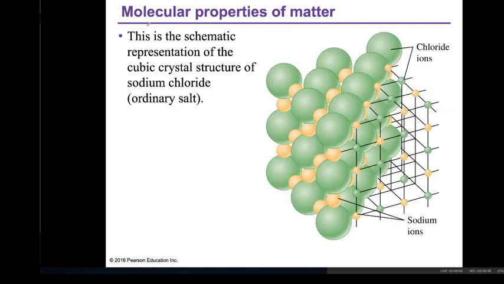So here's a representation of salt. The salt is in such a pattern. You have chloride ions in green and sodium ions in orange. That's the size of chloride. It's big, and the sodium ion is small.